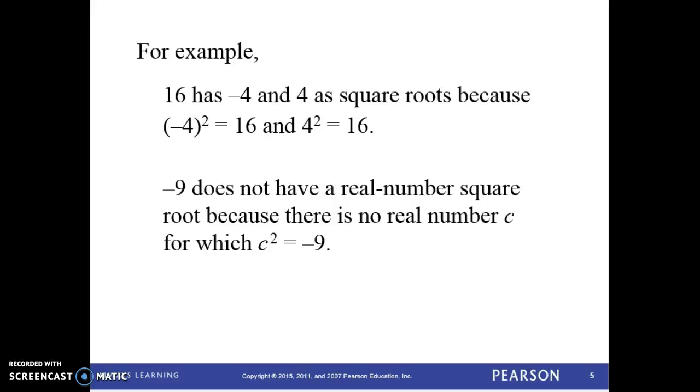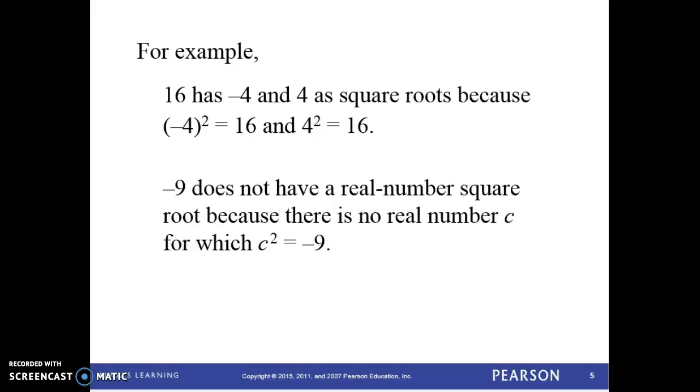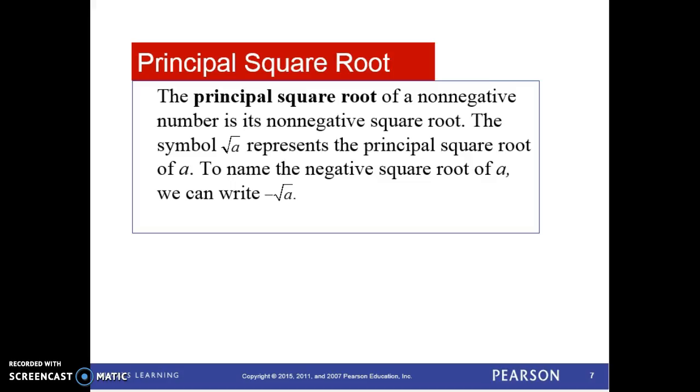All right. So we define the principal square root as the non-negative square root. So if we're taking the square root of, back to that example before, 16, we remember it's got 2, negative 4 or 4. The principal one is defined as being the positive one.